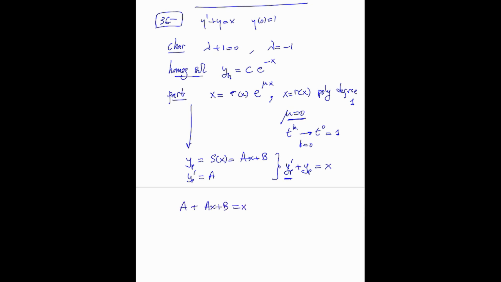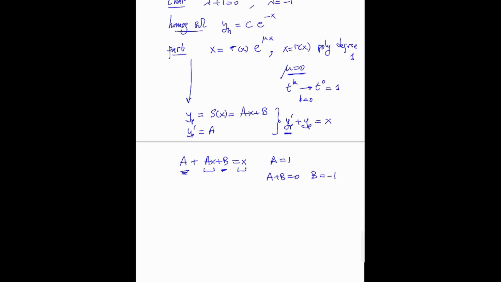The obvious way to do it is: a equals 1, and then a plus b does not appear on the right hand side, so a plus b is 0, b equals minus 1. So the particular solution is 1 times x plus minus 1. And the solution to the problem is the homogeneous plus the particular, so that's a constant times e to the minus x plus x minus 1.